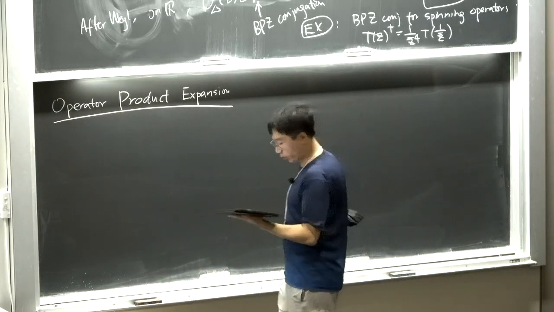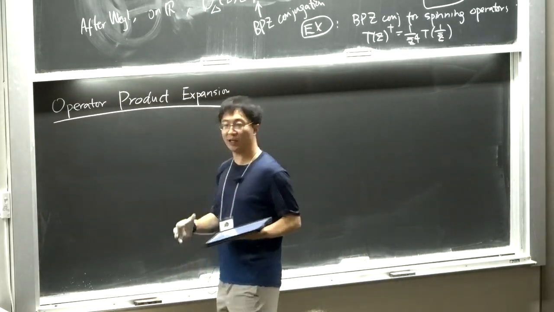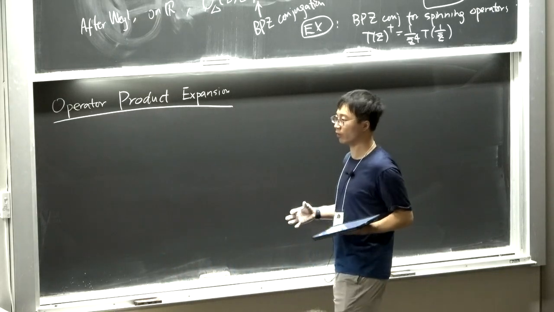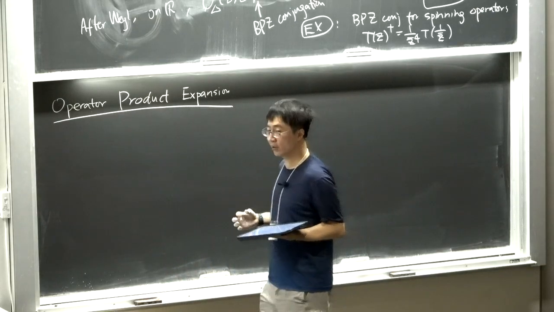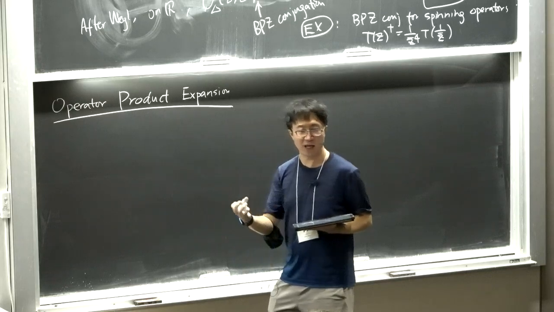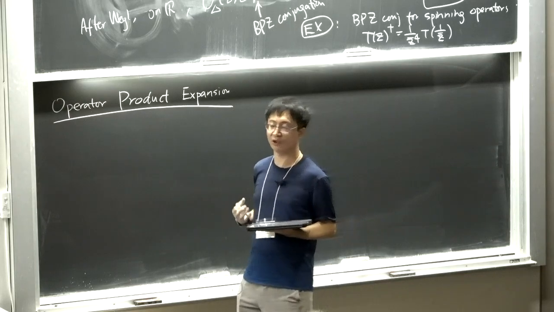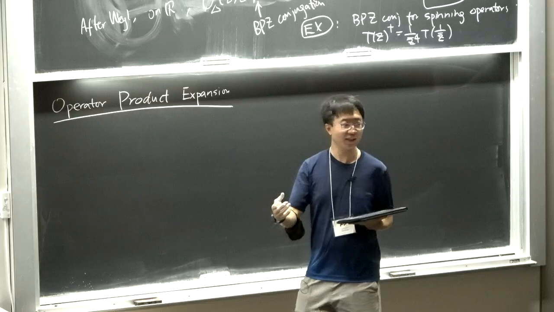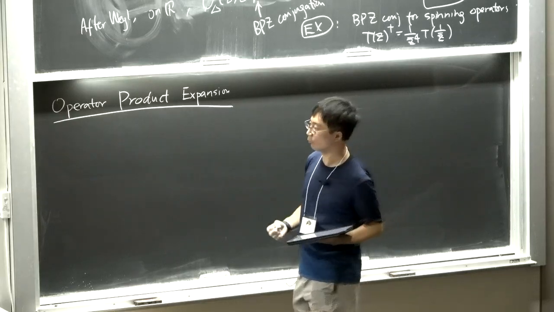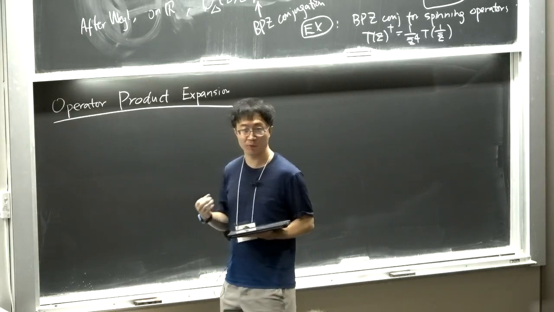So what is the operator product expansion? It's a very general idea that when you bring two operators close to one another, you can expand them into some elementary building blocks. So in a sense, there's a preferred set of basic operators, and when you bring two operators together, you can expand into these basic blocks.